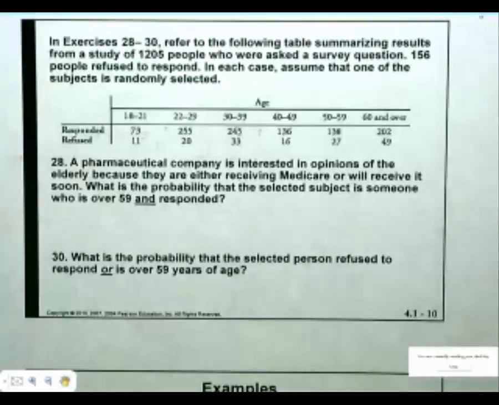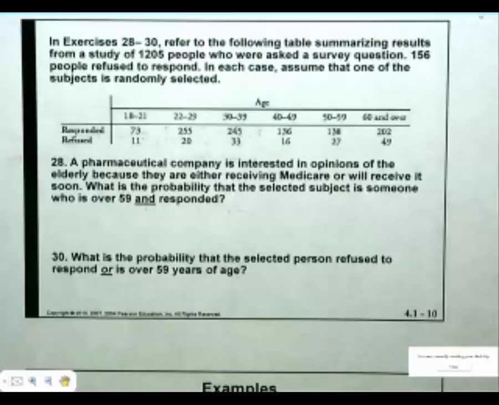A pharmaceutical company is interested in the opinions of the elderly because they're either on Medicare or soon will be. We want to know the probability based on age that each age group would either respond or not respond. In number 28 specifically, we want the probability that someone is over 59 and responded.